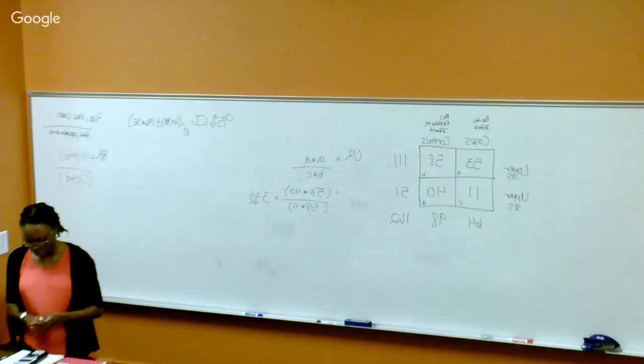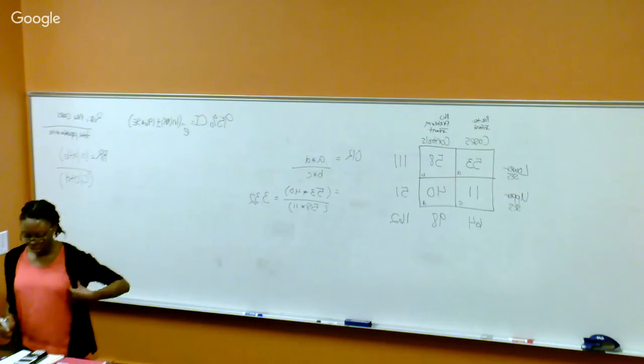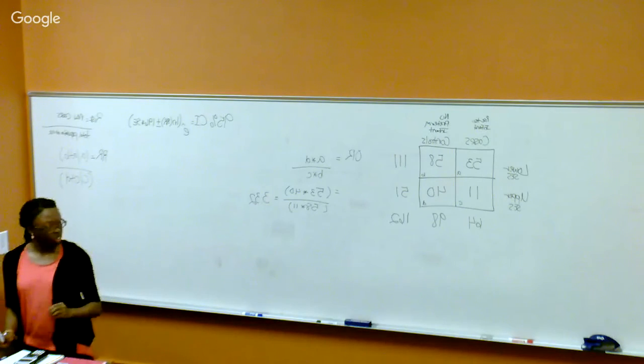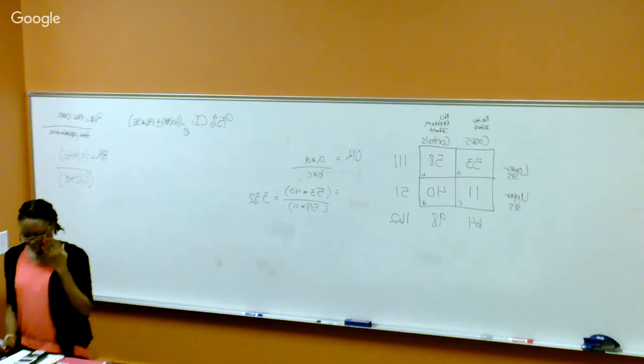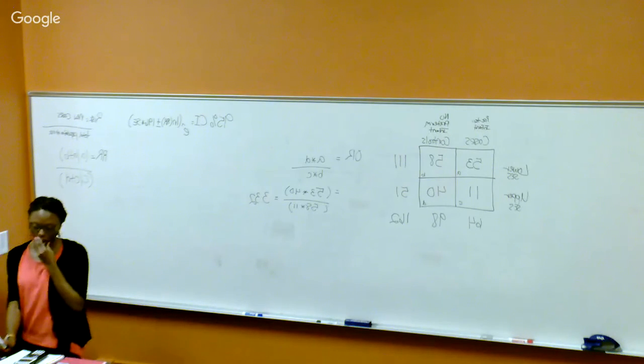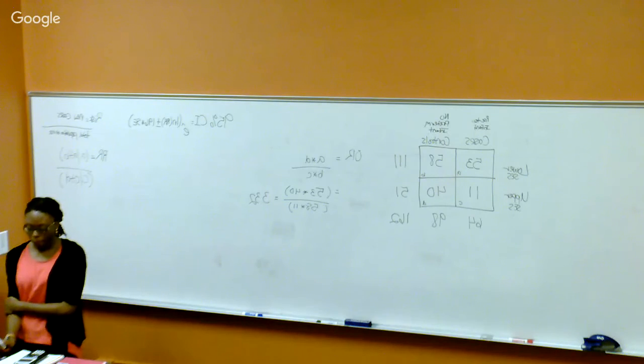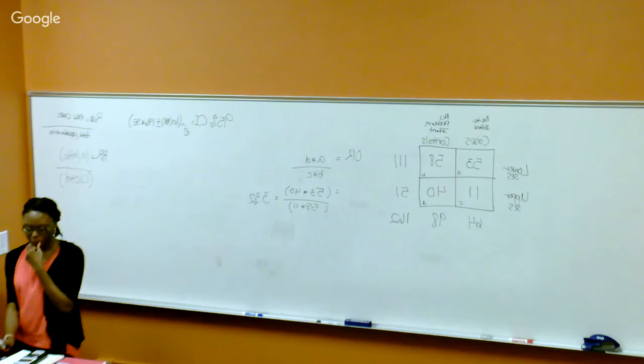It should be 2,120 divided by 630. Yeah. Okay, cool.